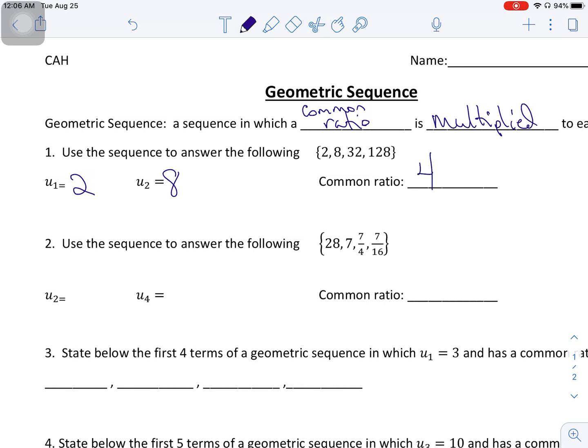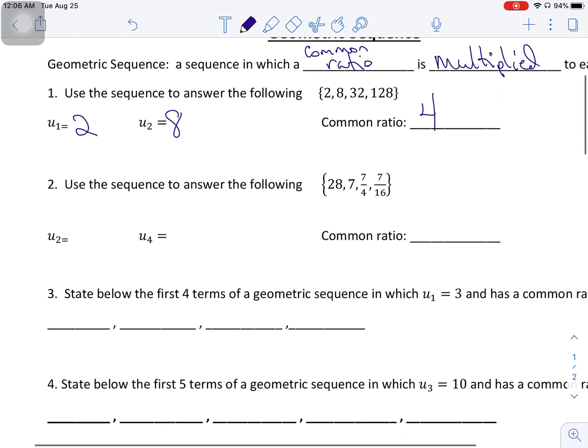Okay. Number 2, use the sequence to answer the following. The sequence we have here is 28, 7, 7 over 4, and then 7 over 16. U sub 2, our second term, is 7. U sub 4, which is the fourth term, is 7 over 16. And the common ratio, now any of you sitting out there thinking, well, you divided by 4.